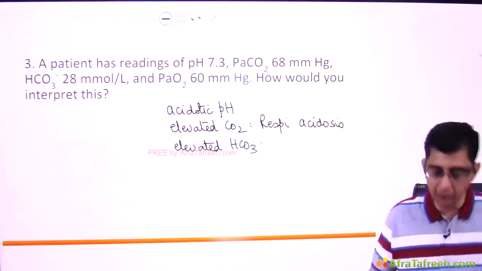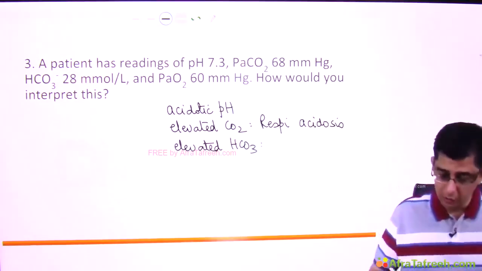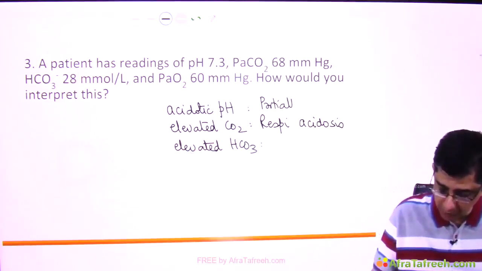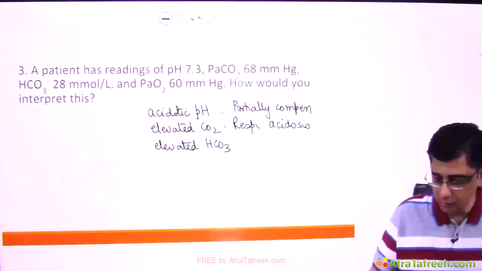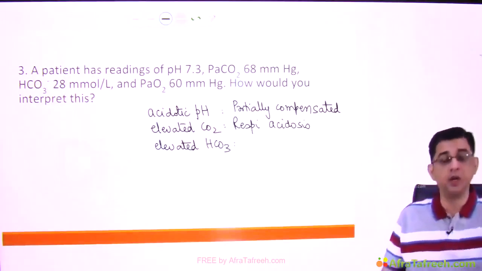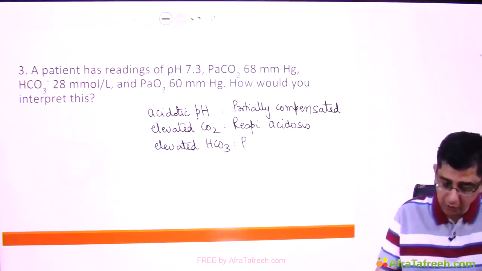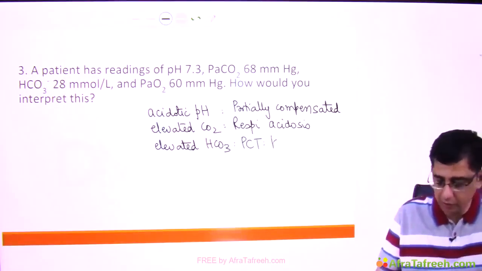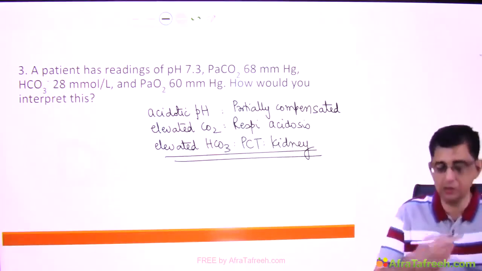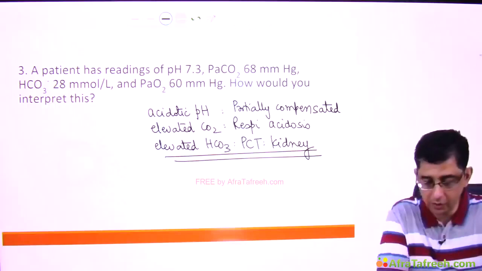The pH has not become normal in this guy, so I will say that this patient has partially compensated respiratory acidosis. The word partially compensated is mainly to highlight the fact that pH is still 7.3, and the elevated bicarbonate is with help of the proximal tubule of the kidney, which has upgraded this bicarbonate, and therefore the bicarbonate has neutralized some of the protons, which is why this guy is still living.